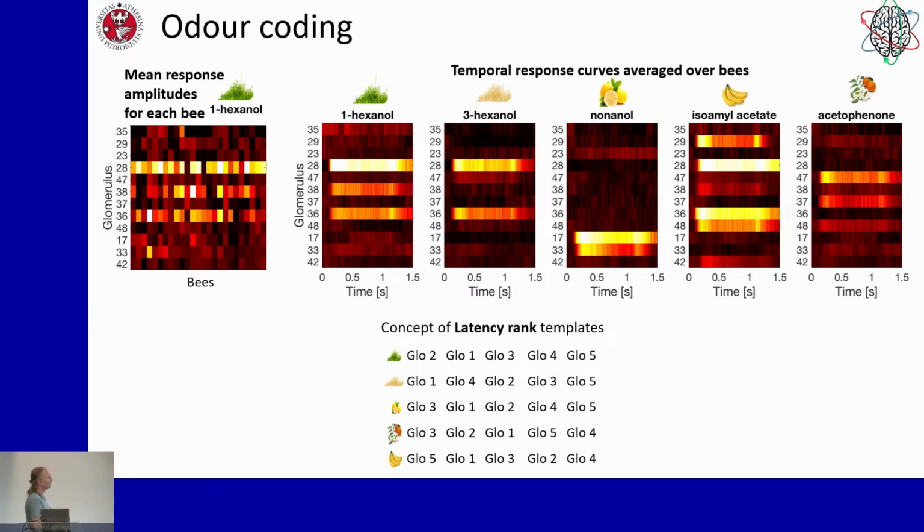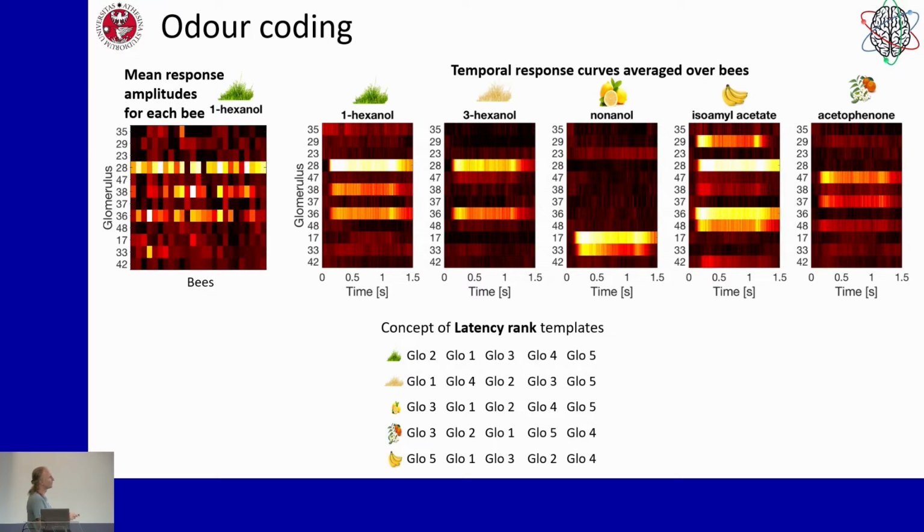And for that, what we do now, we kind of need to normalize this data because different subjects always show a little bit of a jitter. So what we do is we forget about all the absolute times here, and we simply rank the glomeruli in the order at which they start firing.